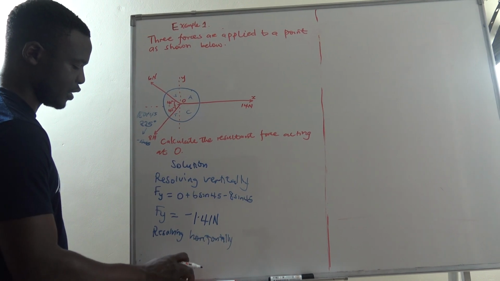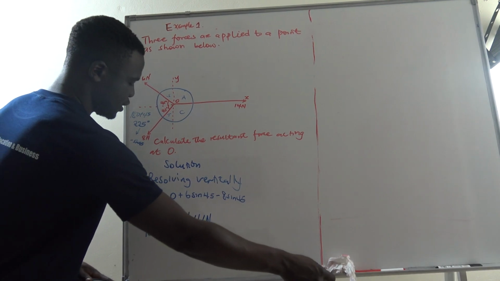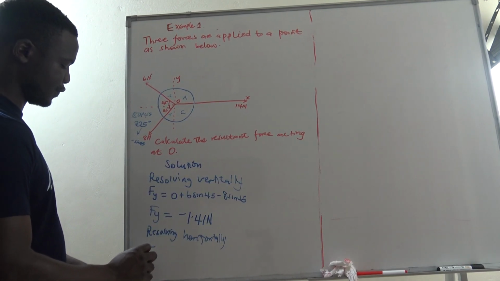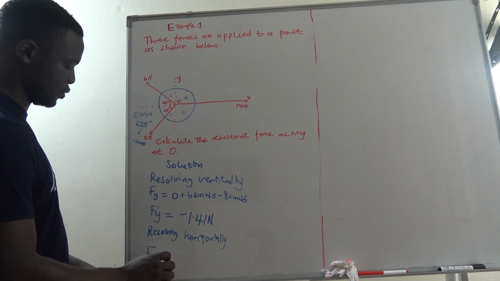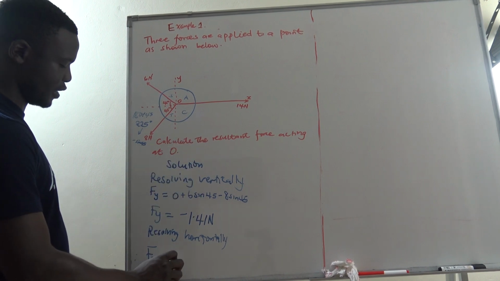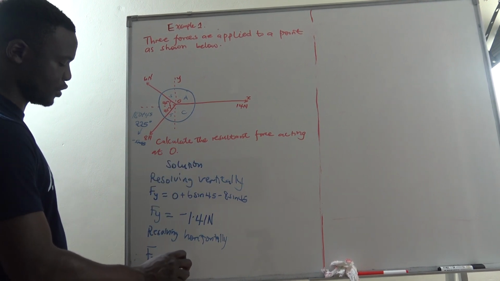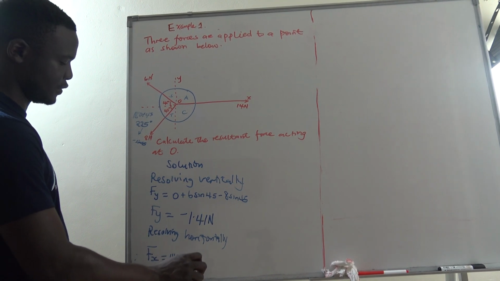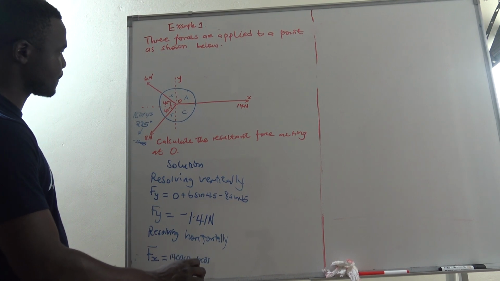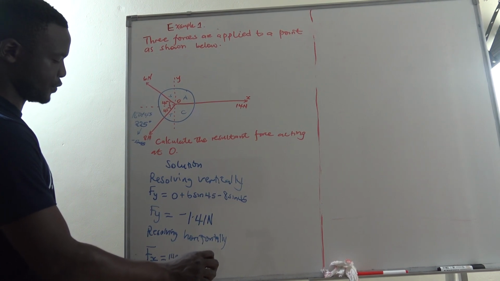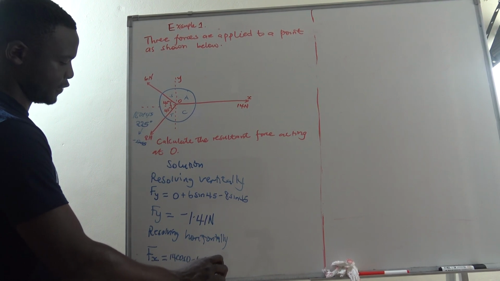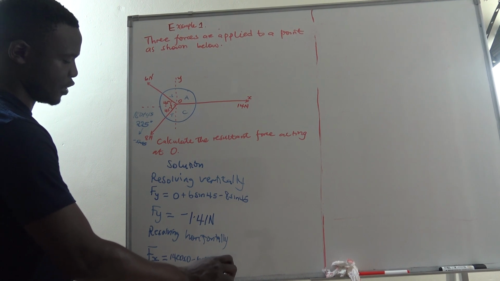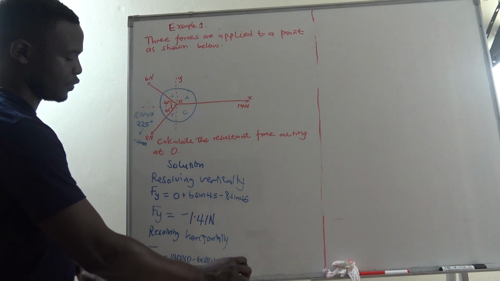Now, we agreed that when we are resolving horizontally, we use cos. Therefore, the horizontal component of this force will be equal to 14 cos 0, which is 1, then minus 6 cos 45, then minus 8 cos 45.